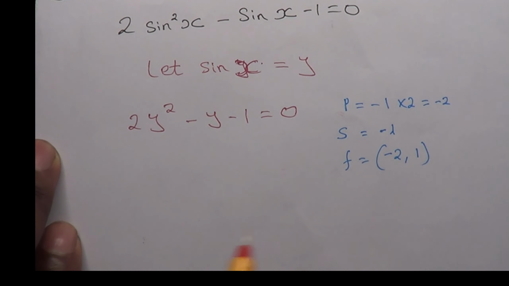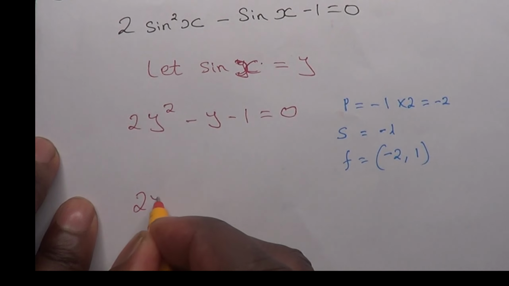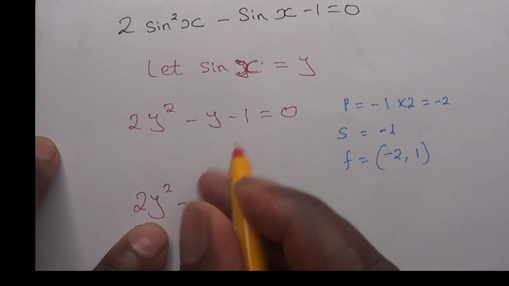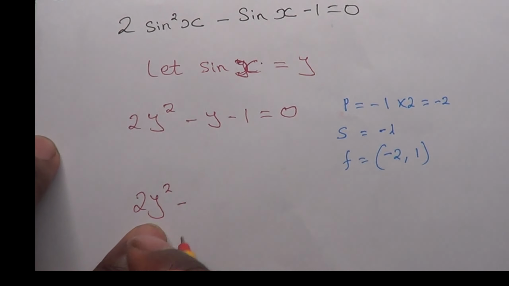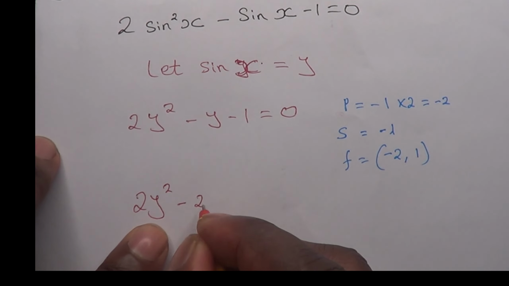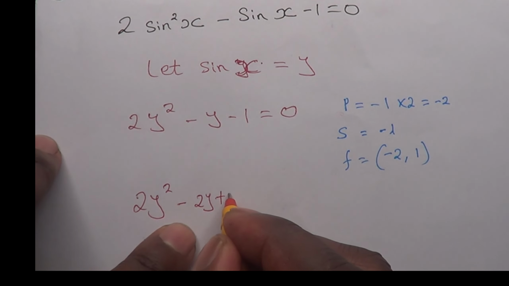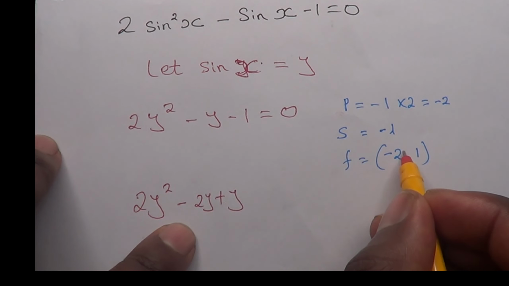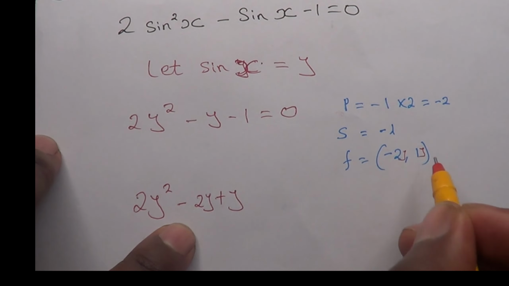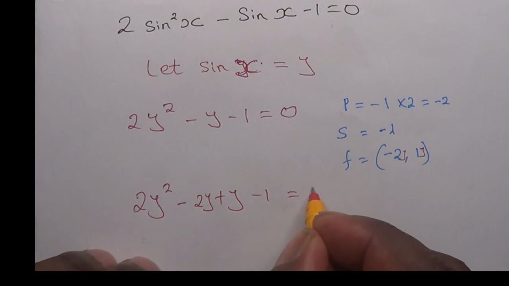So from here we go to 2y squared. Let me substitute my factors inside here: minus 2y plus y, this is now -2y and 1y, minus 1 equals 0.